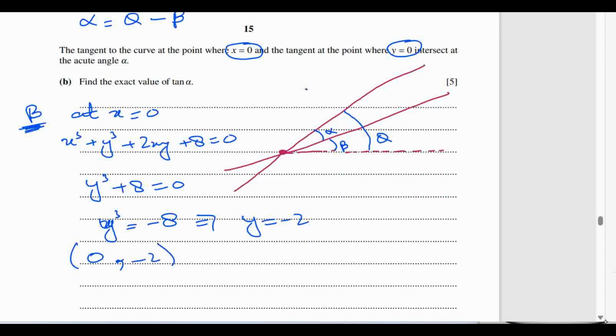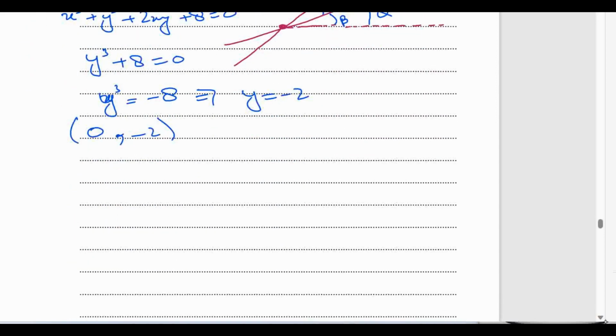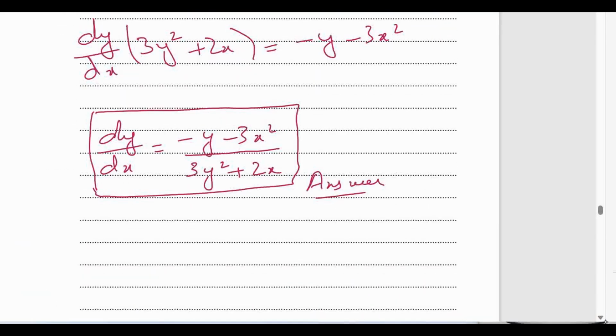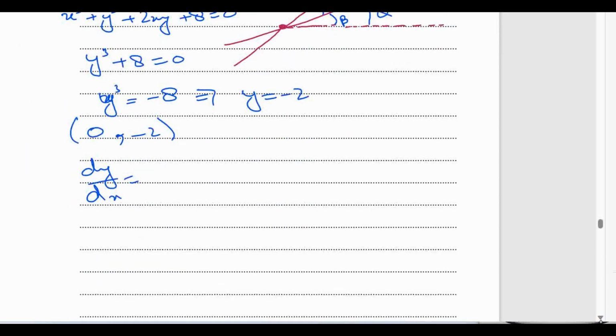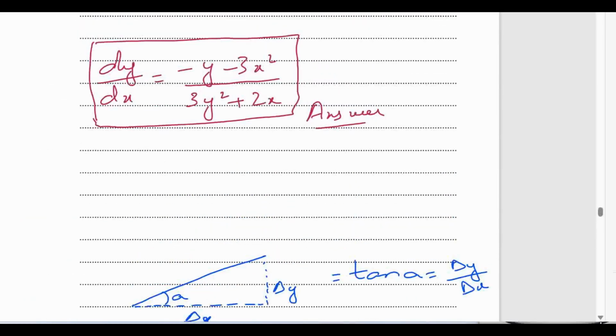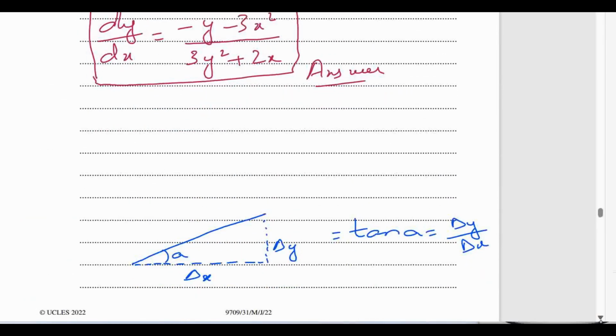Now as we can see, the gradient dy by dx equals, what was the gradient? Let's see the gradient first. Minus y minus 3x square, whole divided by 3y square plus 2x.